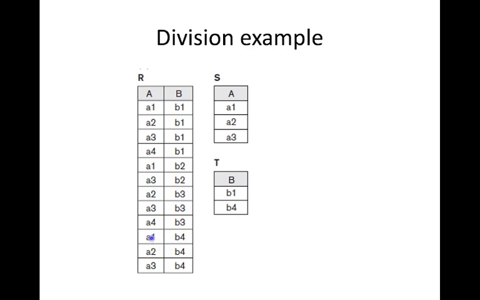But for B4, all the combinations are there. For B4, corresponding A1, A2, A3 are all there. So that is why the resultant table will contain B1 and B4. For B2 we have A1 and A3 but A2 is not there. Similarly for B3 we have A2 and A3 but A1 is missing. So that is why the resultant table will contain B1 and B4.